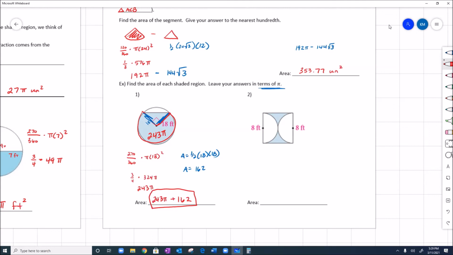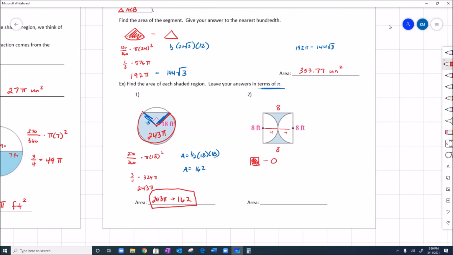And this appears to be a square, really has to be a square, because if this diameter is 8, that means this radius is 4, and this radius is 4, meaning it will be 8 here as well. So we can find the area of this whole square, and then subtract from it the area of the circle, and that should give us the area of our shaded region, since the circle's unshaded.